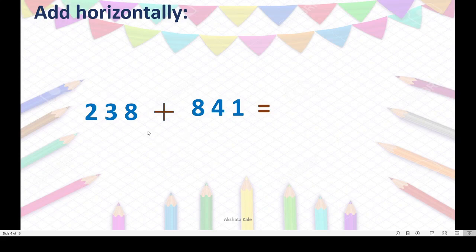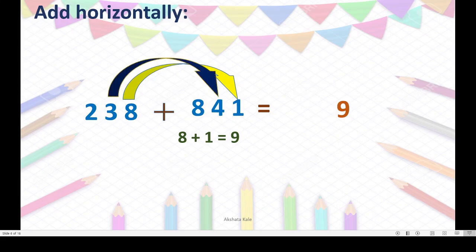We will start. First we will add the numbers from the units place. See, this 8 and 1 are in the units place. So we will add them. 8 plus 1. How much? 9. Okay, 9 we will write here, in the units place only, to the extreme right. Now we will move to the tens place. 3 and 4 are there.